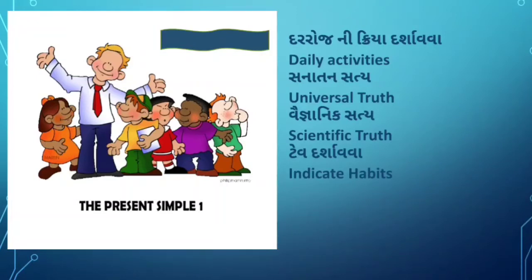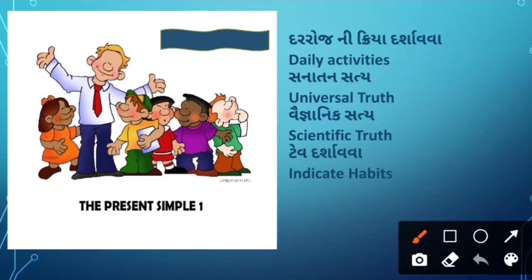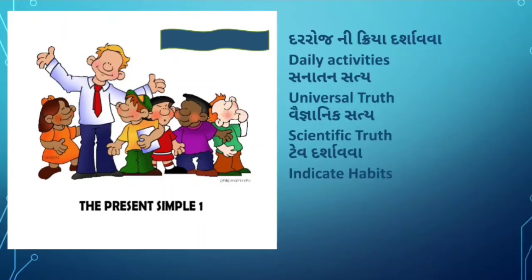Simple present tense is going to be used generally to indicate daily activity, even universal truth, scientific truth, and if you want to indicate any habits which are involved in our daily life. Now we shall discuss some examples regarding this.